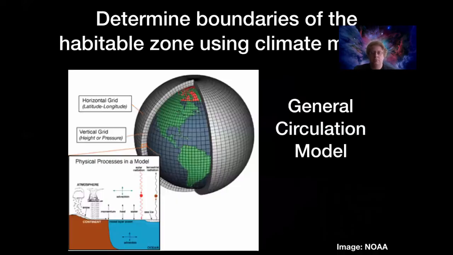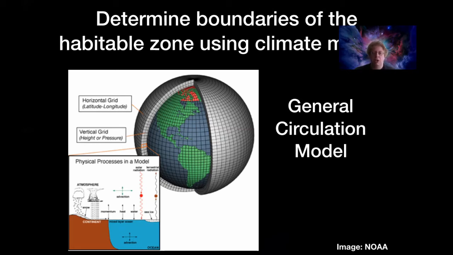So let's imagine for the time being that the habitable zone is a good place to look for life. So, how can we figure out where the habitable zone is for any given planet or any given system? One of the ways that we do this is by using climate models, very similar to the ones that we've developed on Earth, to map out the patterns and the habitability of a general system.